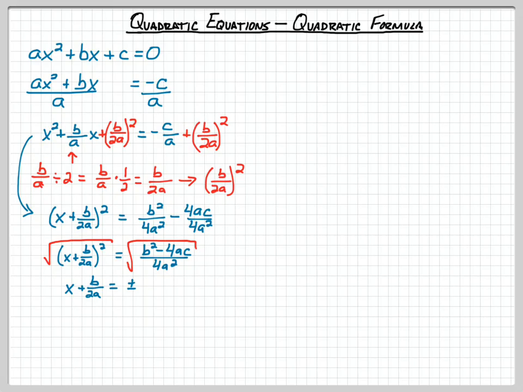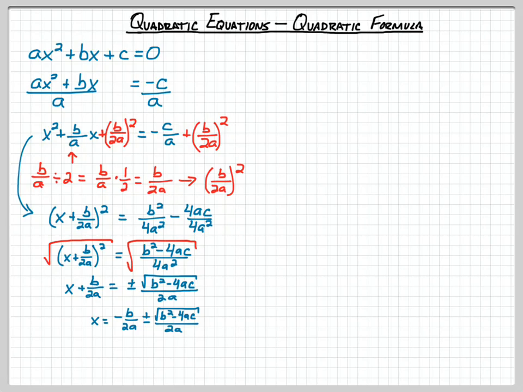So we got our plus or minus, and then we have the square root of the numerator, b squared minus 4ac, over the square root of the denominator, which is just 2a. All we did was we took the square root of 4a squared, getting 2a. Move that b over 2a to the other side of the equation, and we have our quadratic formula.